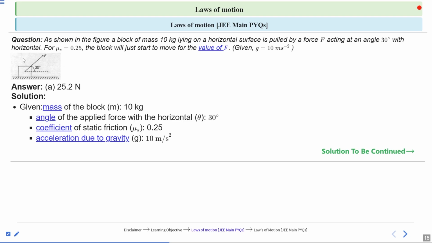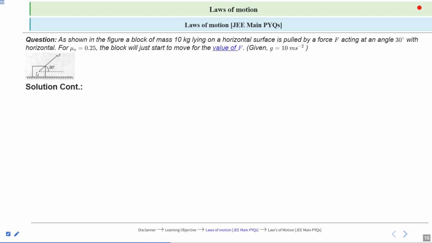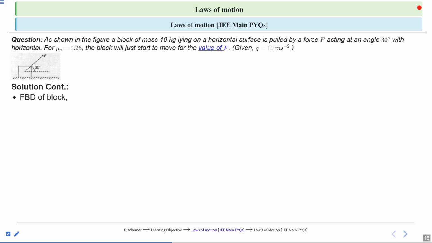So the condition in this question is that the force makes an angle 30 degree with the horizontal. Let's see the free body diagram of the block. The mass of the block is 10 kg.